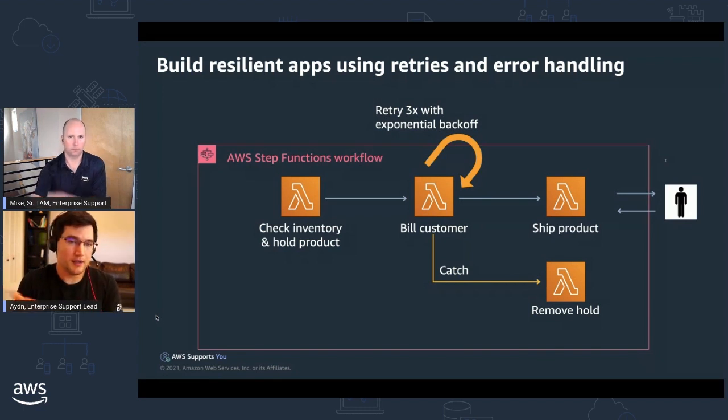So in this case, if billing the customer failed, it can retry automatically shortly without them knowing in the background. They don't have to care that there was an error. They'll get the end result that they're looking for. So that's that in a nutshell.